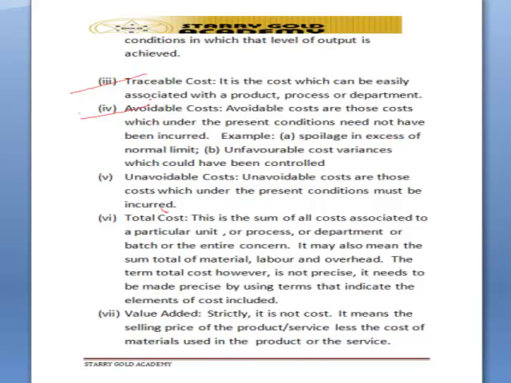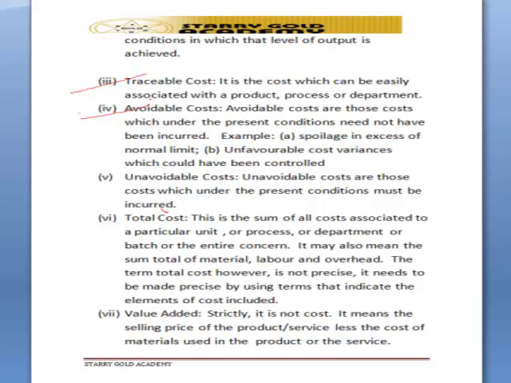Then we have the total cost. Of course, you know what total cost is: summation of the variable and the fixed cost. So total cost is a sum of all costs associated to a product unit or process or a department or batch or even the entire consignment. So it may also mean the sum total of material, labor, overhead. The term total cost, however, is not precise.